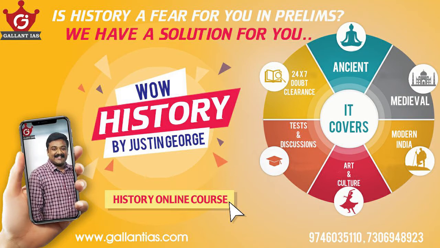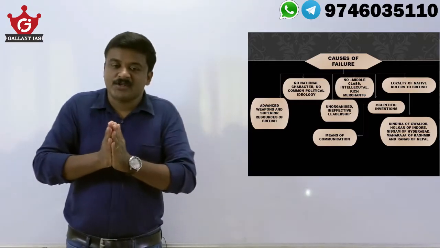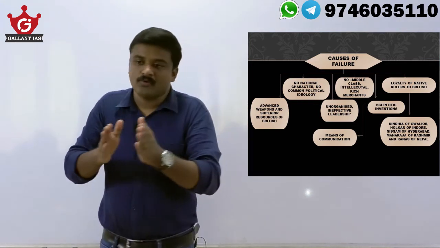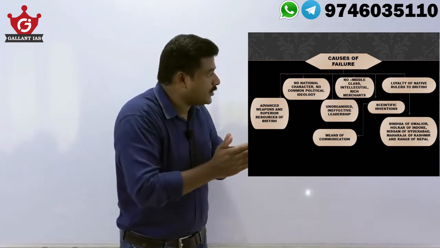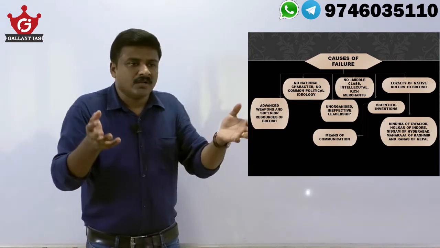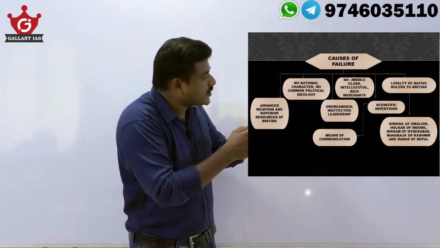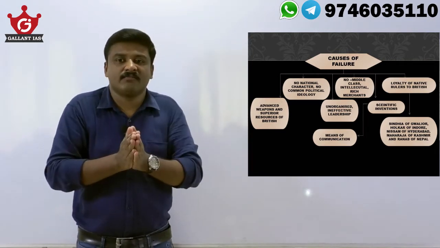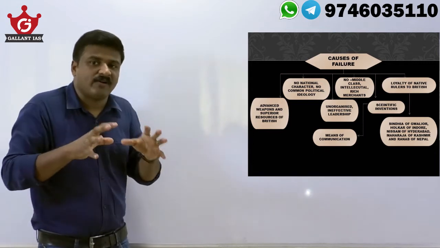But here we had outdated science, or maybe we were not that advanced in science and modern technology, etc. Loyalty of the native rulers to the British: Scindia of Gwalior, Holkar of Indore, Nizam of Hyderabad, Raja of Kashmir, Ranas of Nepal, they all extended their support to the British. That is also a reason why we failed.